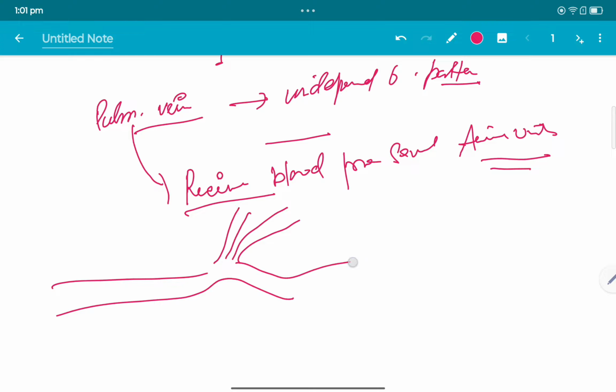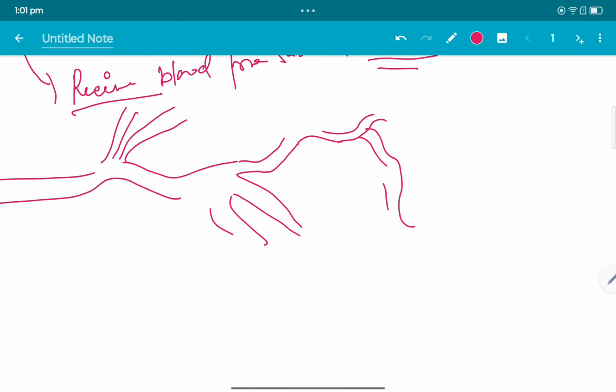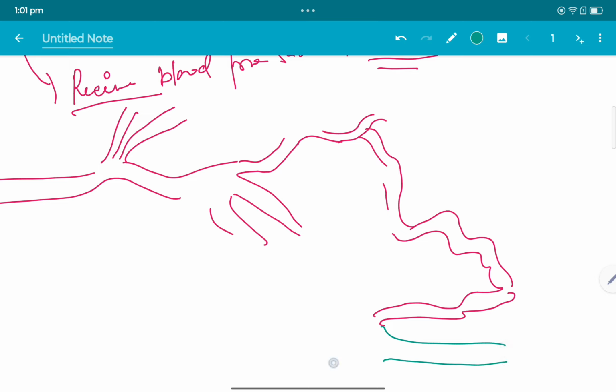They ramify along with the tracheobronchial tree. At the end, the peripheral branches form the capillaries. Suppose this is the capillary system, and in the end they join to form the pulmonary vein. So this single pulmonary vein drains from multiple acini.